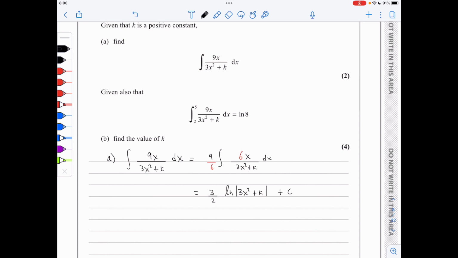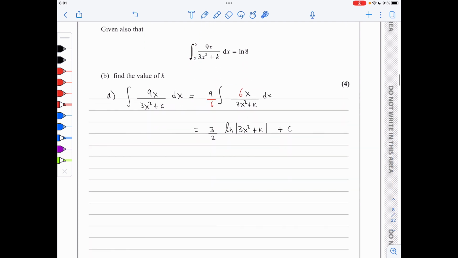In b, given that this integral is ln 8 integrated from 2 to 5, we need to find the value of k. So in other words, we have been told that the answer we found in part A, 3 over 2 ln of 3x squared plus k from 2 to 5, is equal to ln 8, and we need to determine the value of k.